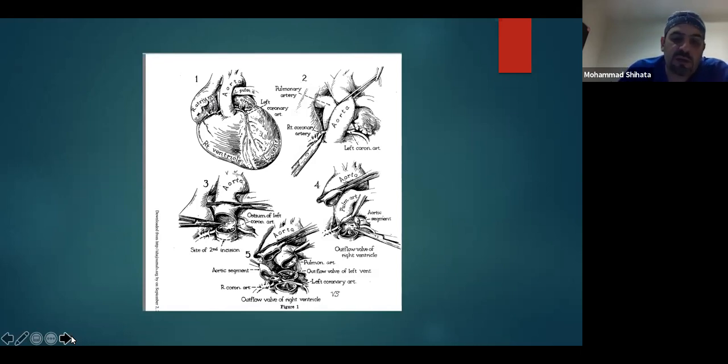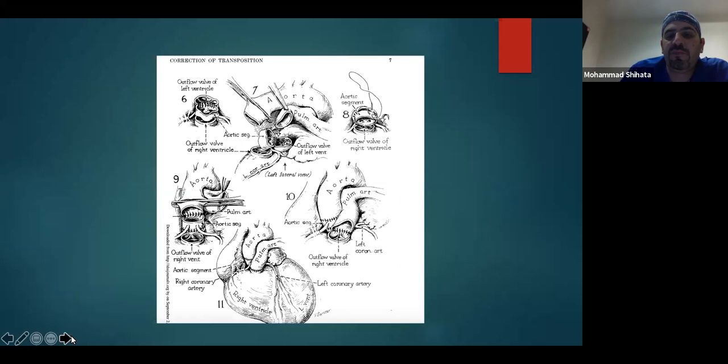It just tells you that a lot of these surgeons, in spite of the limited resources they had at the time, were quite creative in trying to come up with solutions that we now take for granted in modern day practice. This is just a completion of the operation in a dog model. Most of these dogs came off pump fine, but of course, because they ended up with hypoxic circulation, they did not last much longer, because they didn't have d-TGA to start with. But it was just a proof of concept.